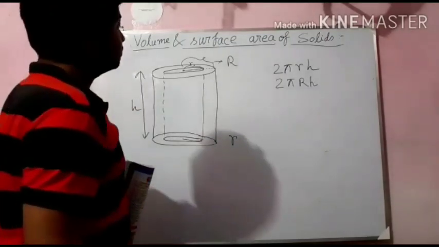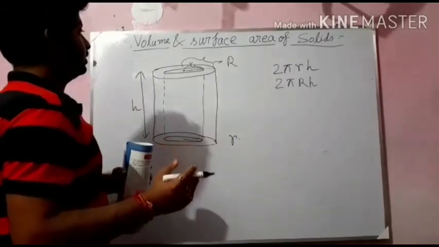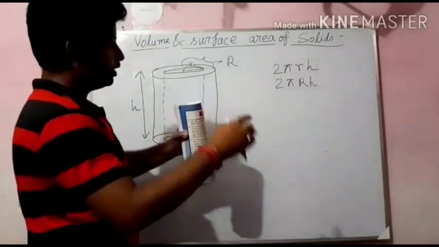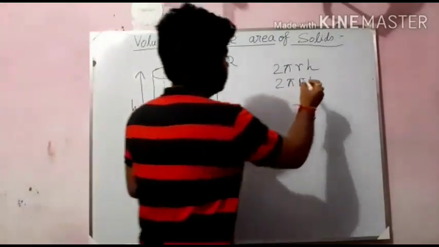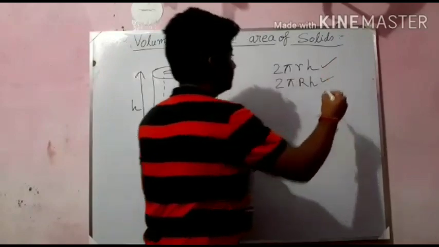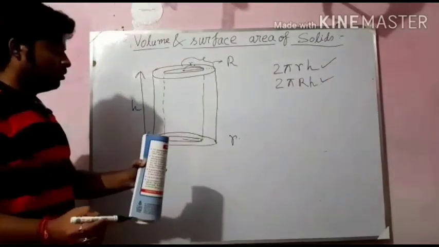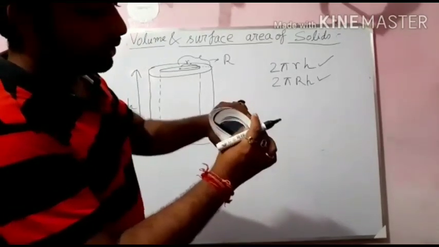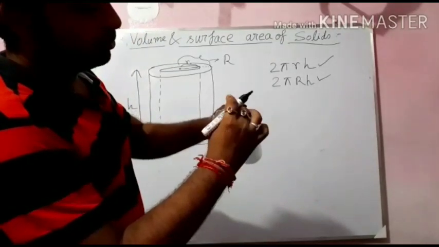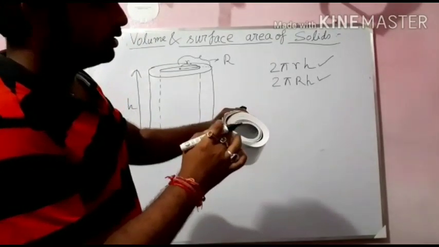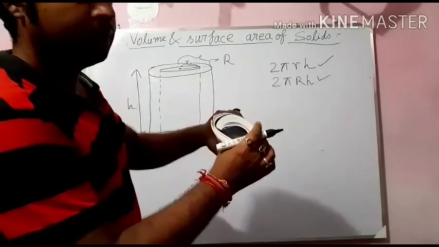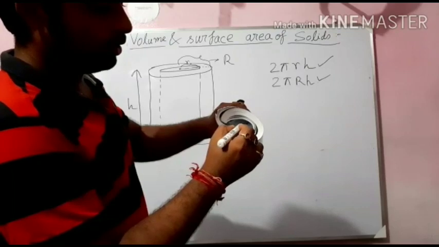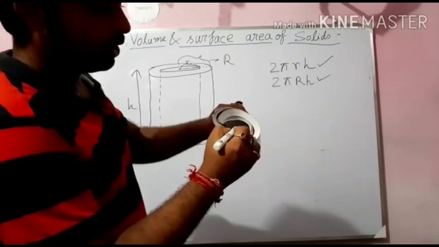Now, what is the total surface area then? We have considered the outer surface, we have considered the inner surface. This is the outer surface, this is the inner surface. Now, we have to add the thickness of the cylinder. Since it is a hollow cylinder, it will have a thickness. This is the inner radius and this is the total outer radius.